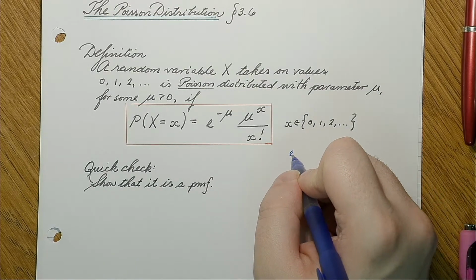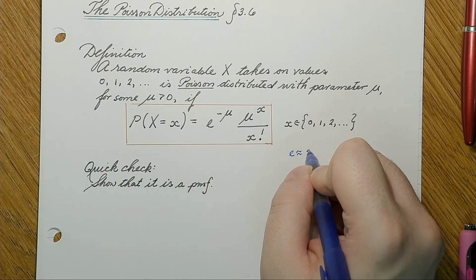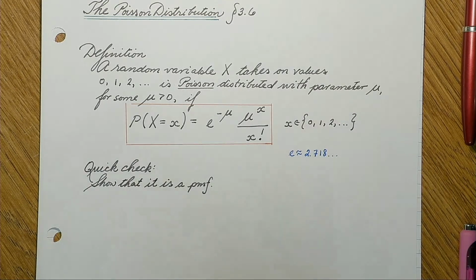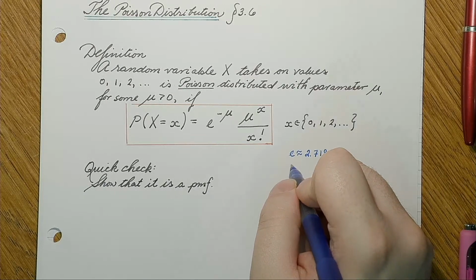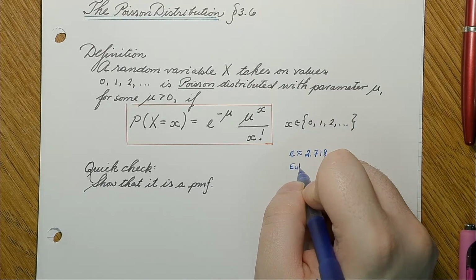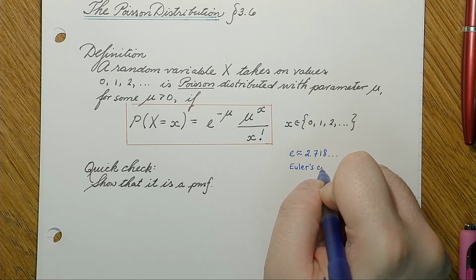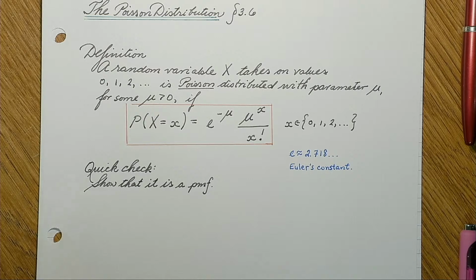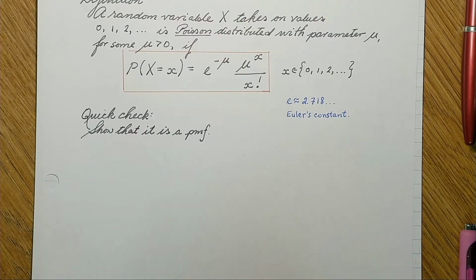Now e is Euler's constant, so that's 2.718... So we have this very odd looking PMF.